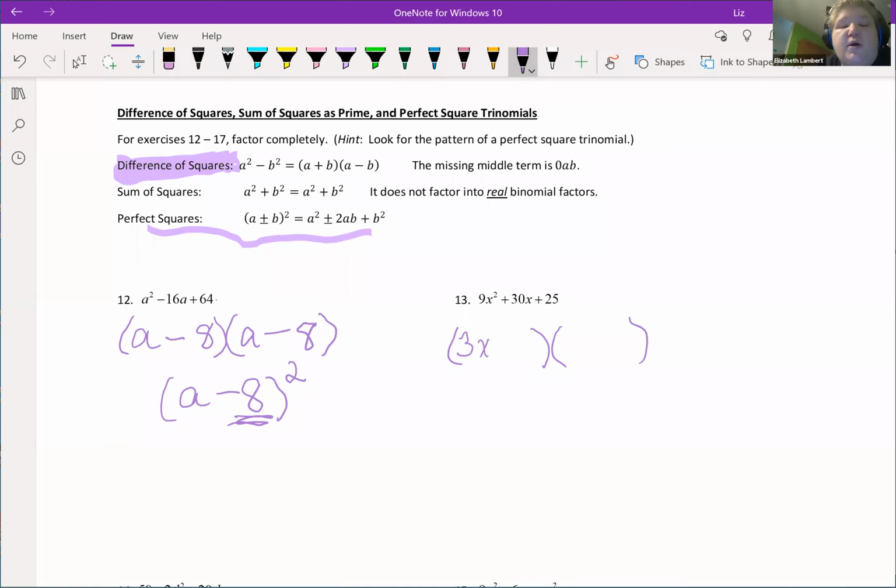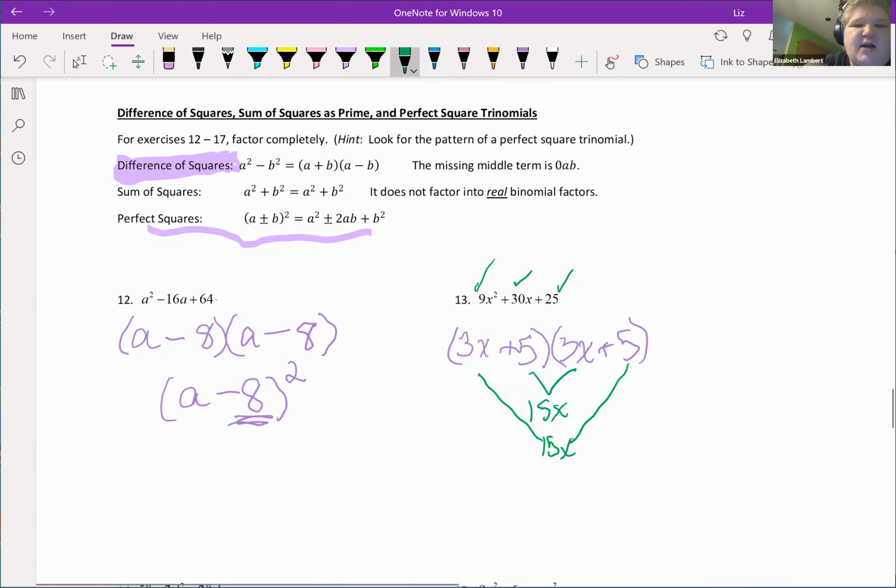So 9x squared would be 3x and 3x. 25 is 5 and 5. 30 is positive. So all we've got to do is check. That is 15x. That is 15x. Those combine to 30x. 9x squared, 25. There is our answer.